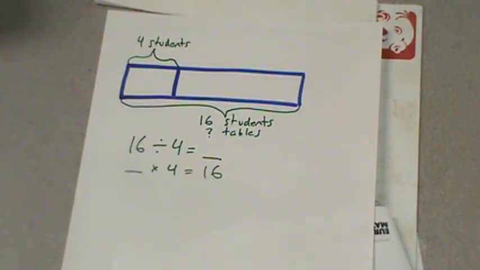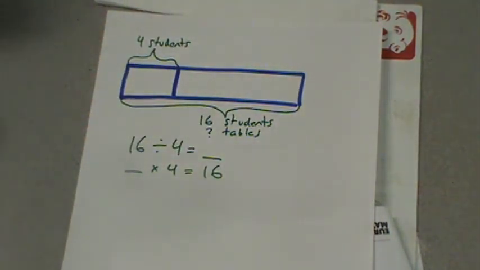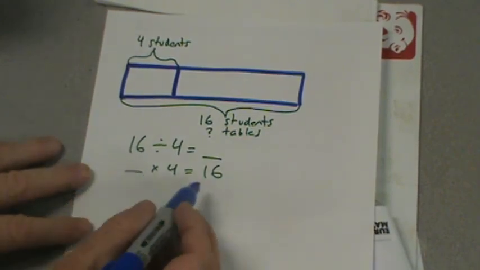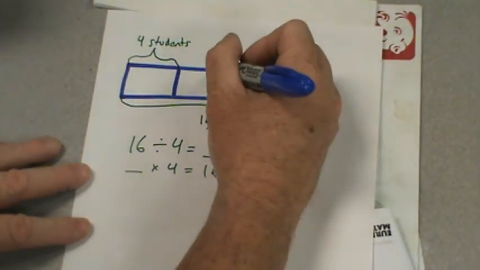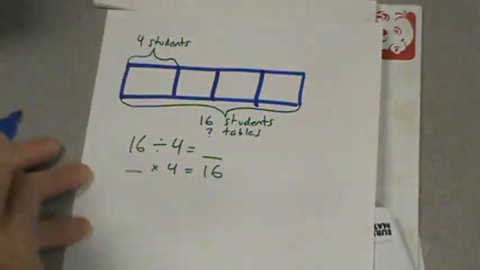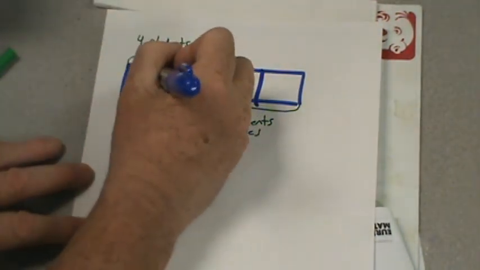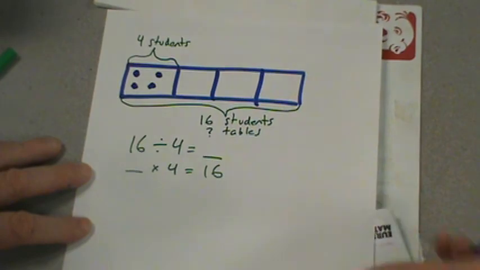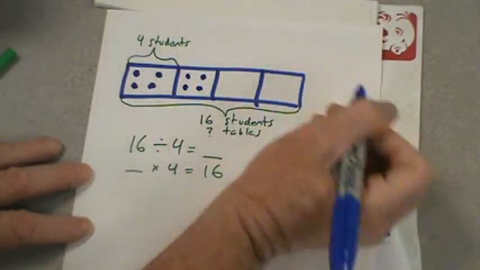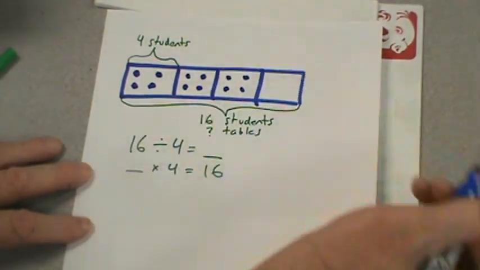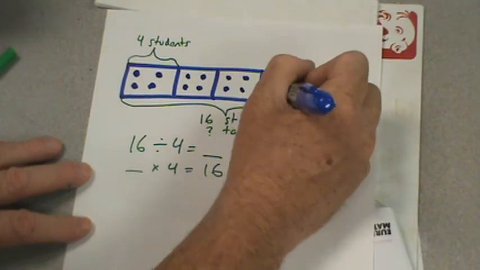So there's our 4 students. So we're doing 16 divided by 4. Okay, our something times 4 equals 16. So let's go 1, 2 more there. So 4 students, 1, 2, 3, 4, 5, 6, 7, 8, 9, 10, 11, 12, 13, 14, 15, 16.